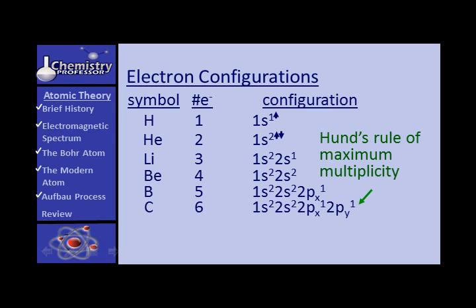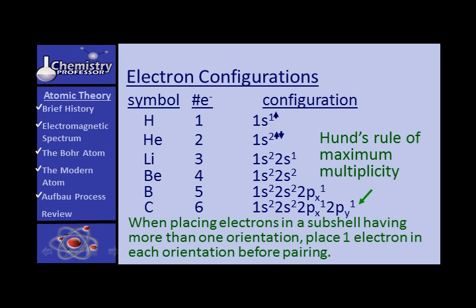Essentially what it says is, when placing electrons in a subshell, like the p for example, which has more than one orientation, and the p happens to have 3, the x, the y, and the z, you put one electron in each orientation first. Then, if there are sufficient electrons to do so, you come back and pair them up.